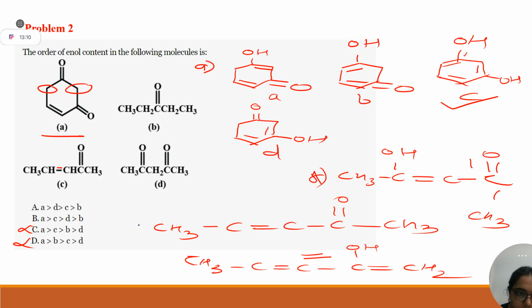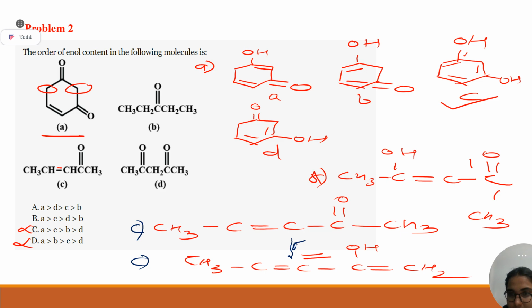So this is your C. Now tell me in C which form is stable, the above one or the below one? So your arrow will be like this, more towards this side, small towards your reactant side. But among C and D, which will be more stable and why?